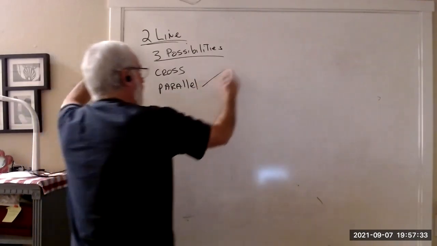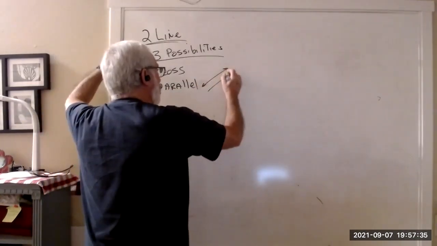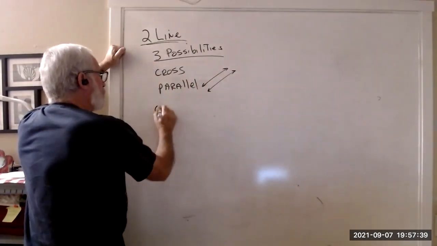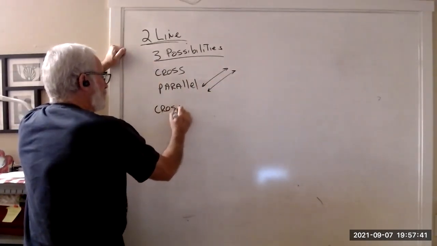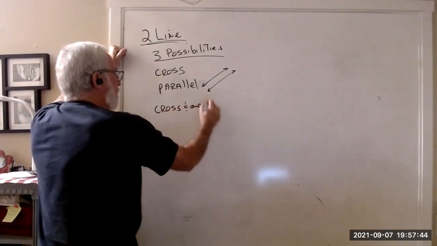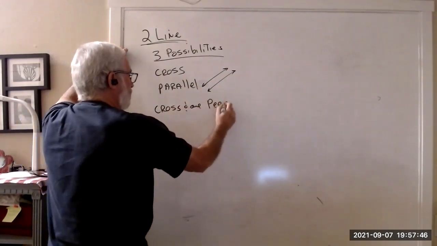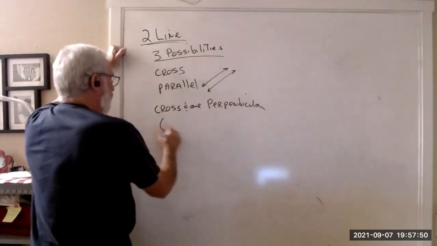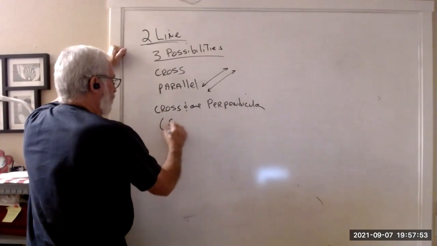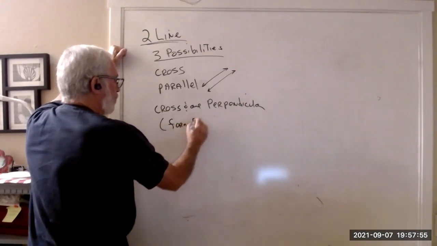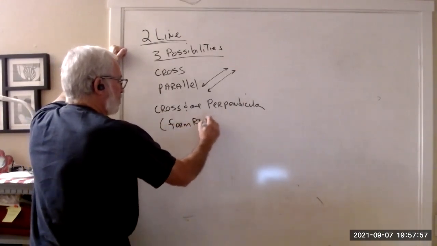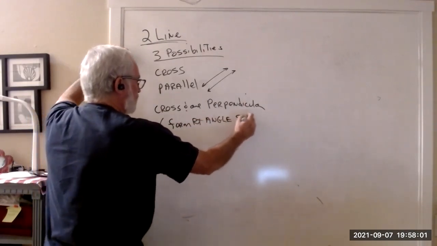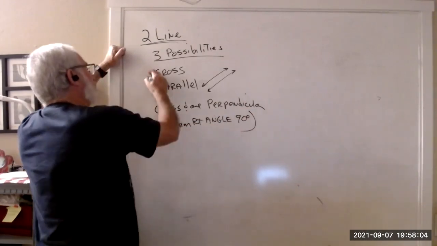Remember, parallel lines never cross each other, or they cross and are perpendicular. And perpendicular means they form a right angle, which is 90 degrees.